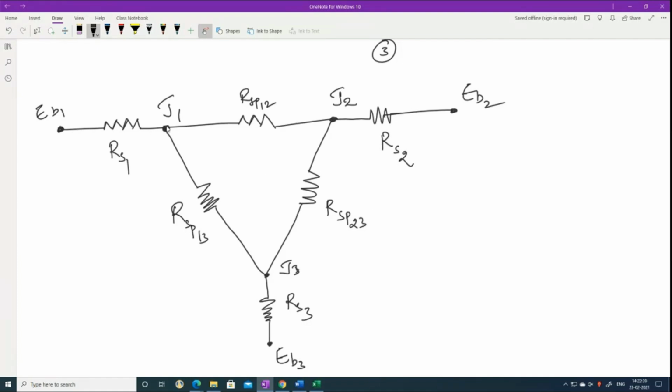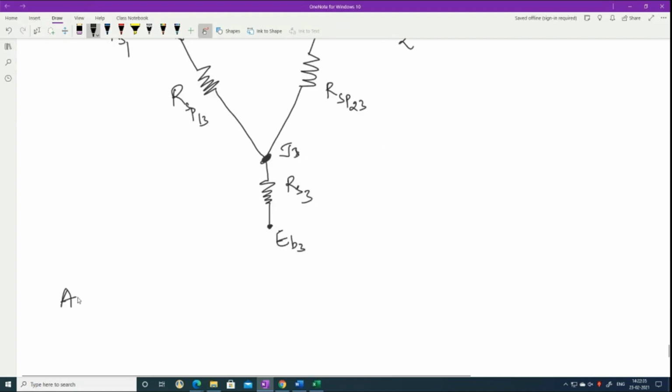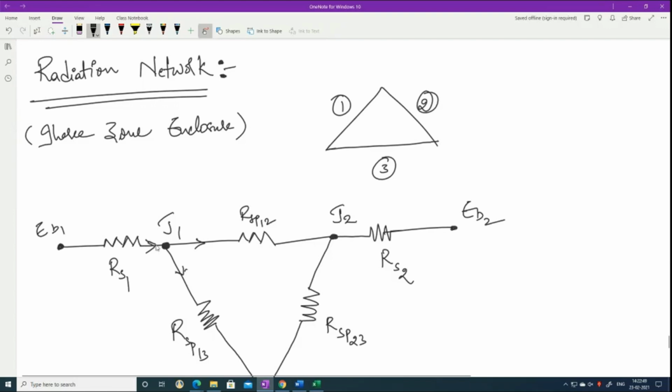Now I am going to take junction 1, junction 2, junction 3. At these, I am going to take the energy balance. At junction 1, Q1 is coming in here, and this Q1 is divided into Q12 here and Q13 on this side. Is that clear?